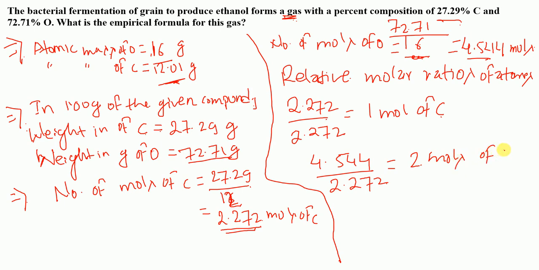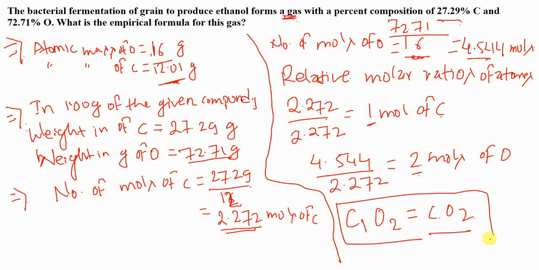So now we have determined the relative molar ratios: for carbon we have 1 and for oxygen we have 2. So this is the empirical formula, which we can simply write as CO2. This is how we determine the empirical formula when we are given the percent composition of the atoms.